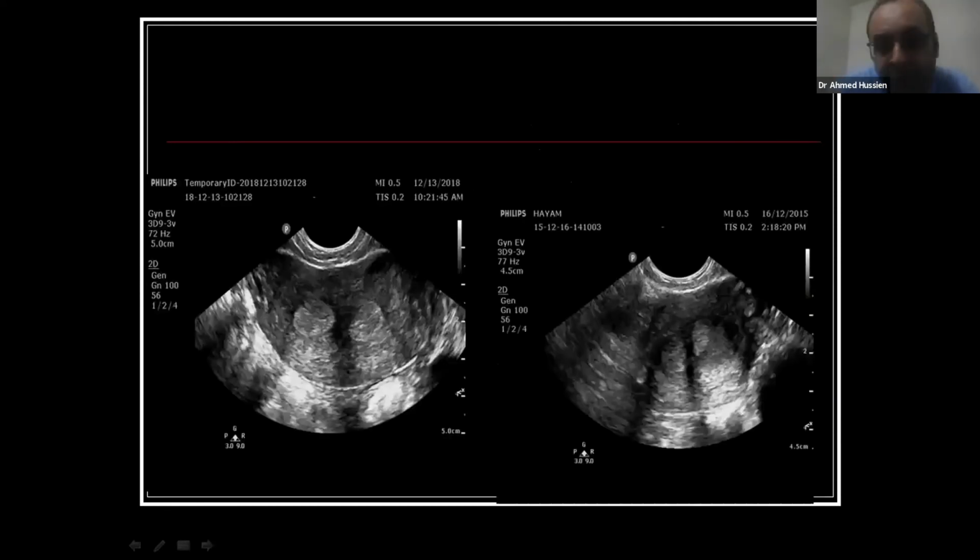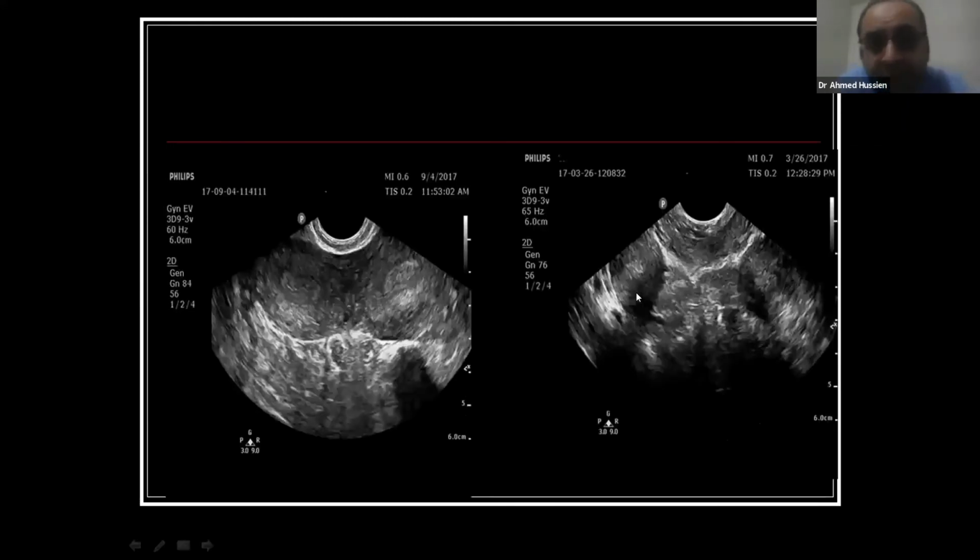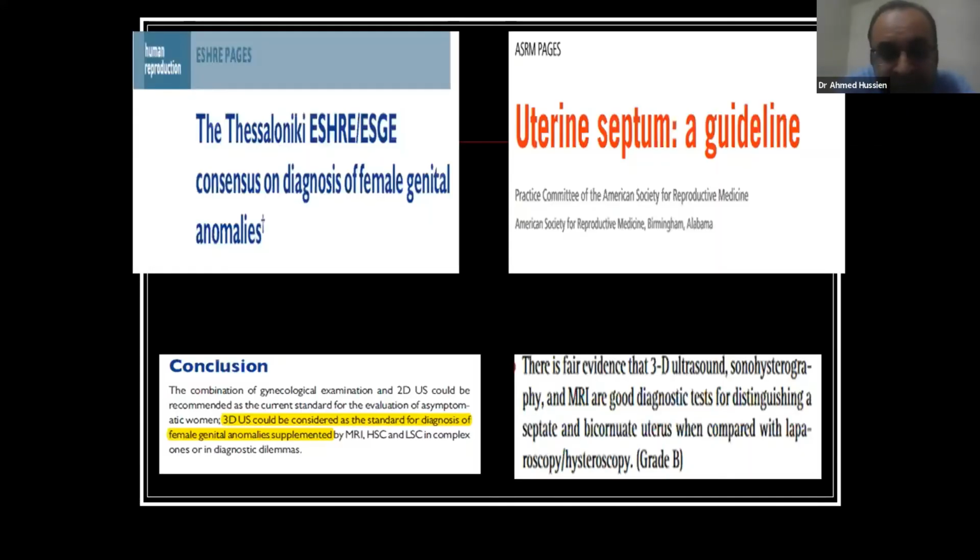While you evaluate your patient by 2D ultrasound, you evaluate the uterus in the transverse plane. Sometimes when you move your hand from the cervix to the fundus, you can find two cavities suggesting septum, two bodies. But by all guidelines, 3D is considered now the standard for diagnosis of Mullerian anomalies. Why?